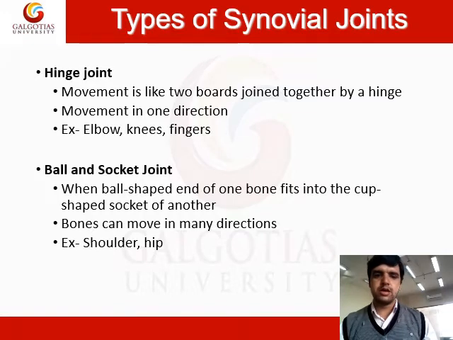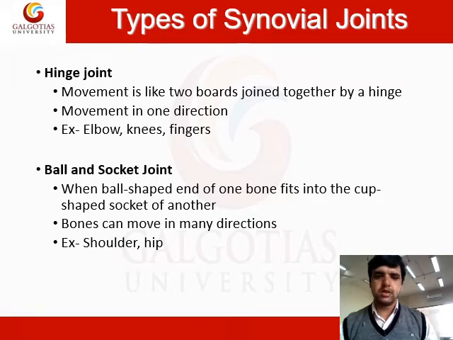Examples of hinge joints in our body are the elbows, knees, fingers and so on, where movement is possible only in one direction, either forward or backward. Those types of joints are known as hinge joints.